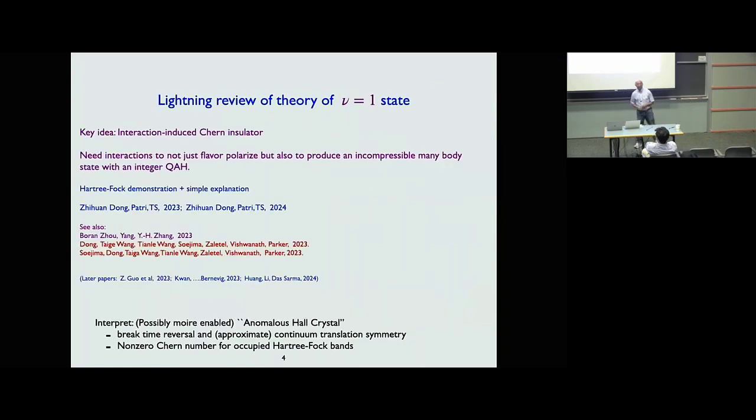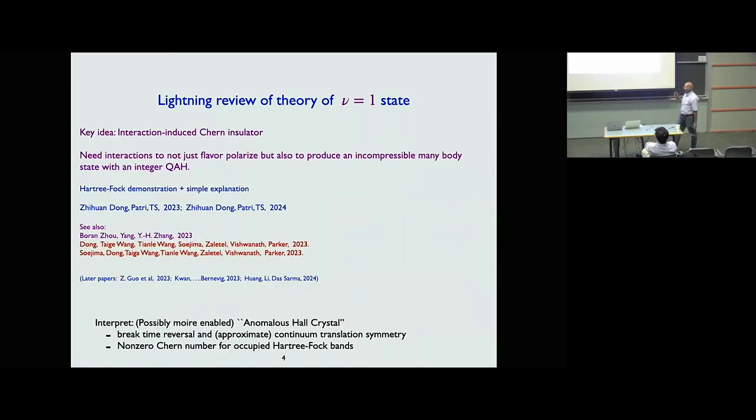Okay, so I'm just going to spend one slide, or half a slide really, on what's going on at nu equals 1 that has been discussed by many speakers throughout this meeting.